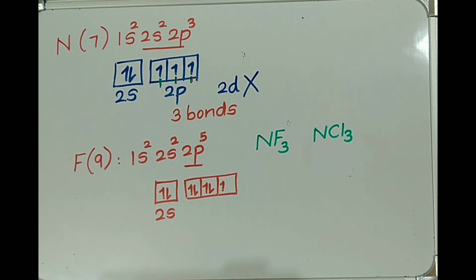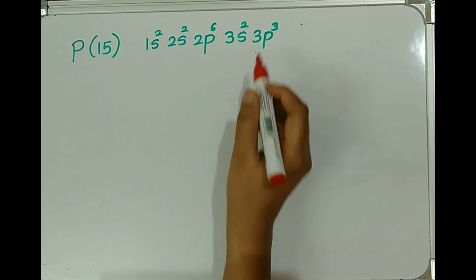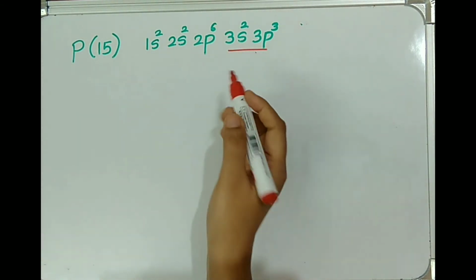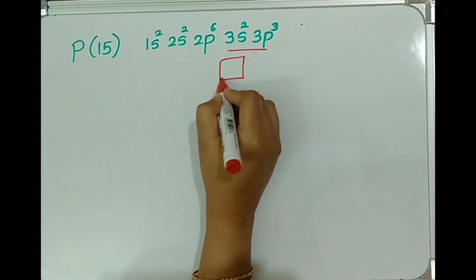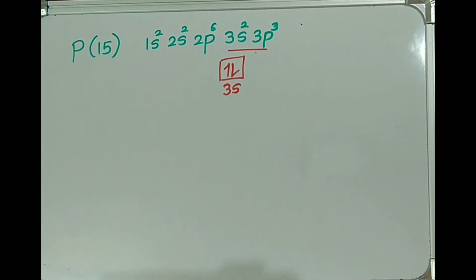Now let's check the example of phosphorus. Phosphorus can form PCl3 and PCl5. So let's check that. Phosphorus, the atomic number is 15. So the electronic configuration 1s2, 2s2, 2p6, 3s2, 3p3. For the valence shell, let us draw the orbitals. This is for 3s, 2 electrons are present.